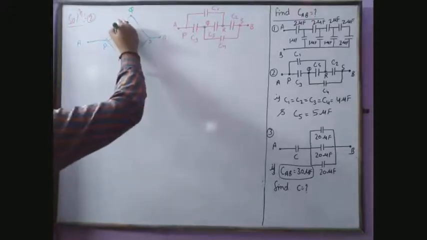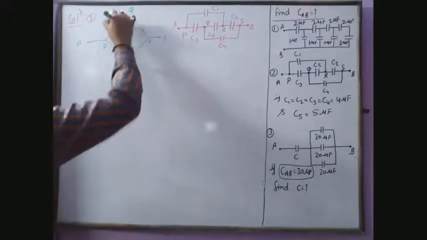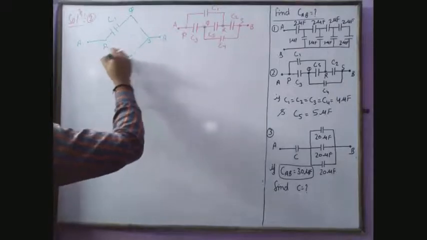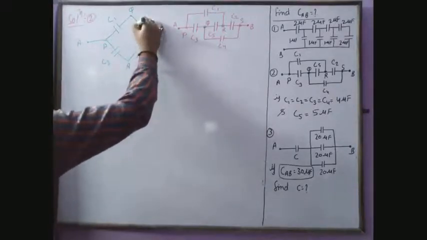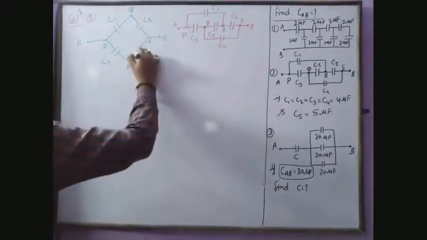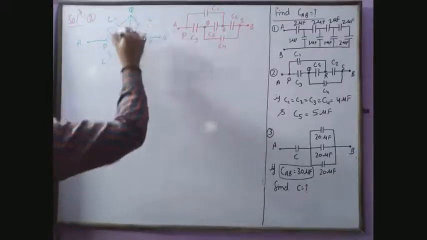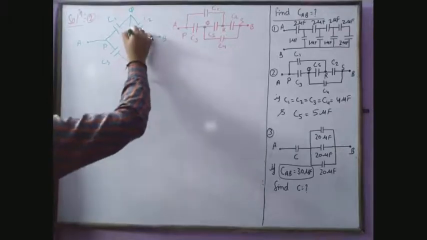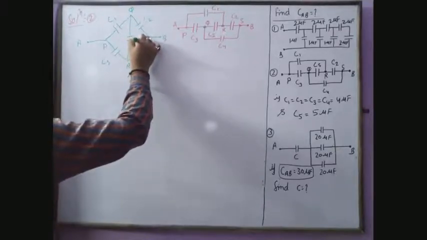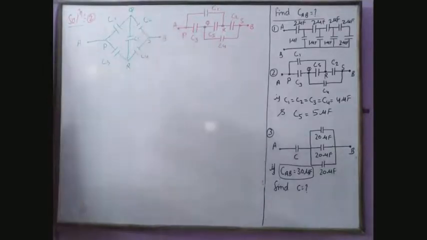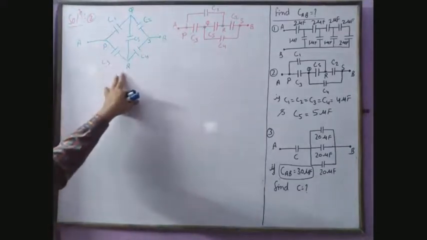Okay, this is C1, this is C3, this is C2, and this is C4, and at the center we have C5. Okay, this circuit can be redrawn in this form.